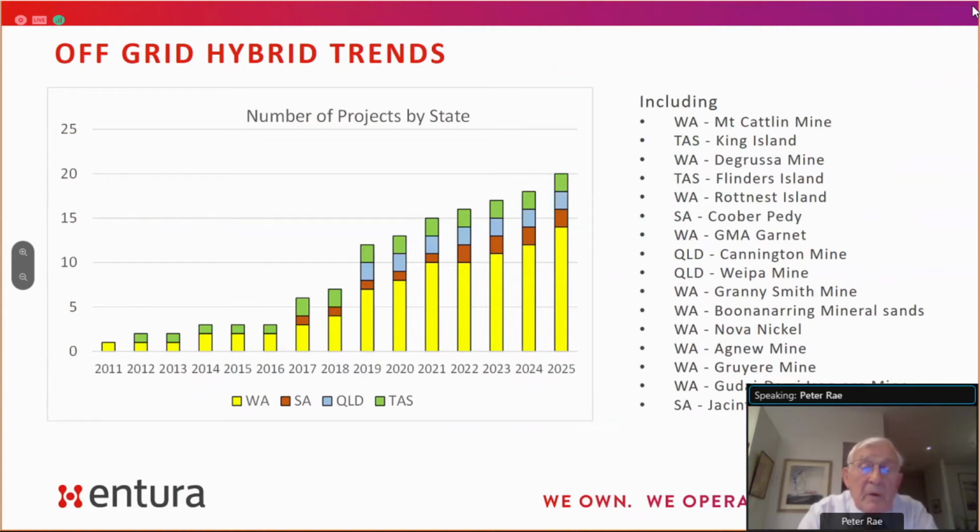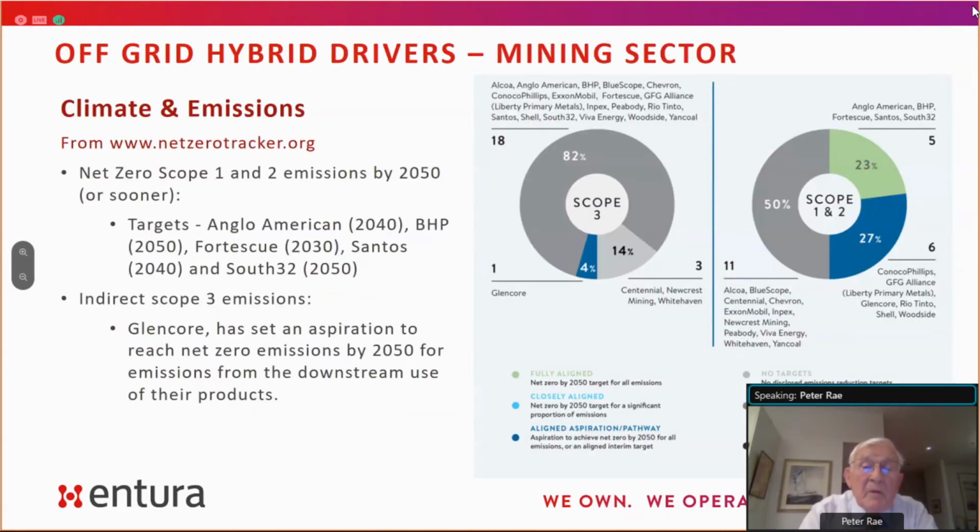Entura has been involved very widely in the development of off-grid hybrid systems for various, particularly remote area power supplies, mining areas and other areas away from the distribution systems of Australia, the Australian continent, which of course, as I mentioned earlier, is a very large continent.